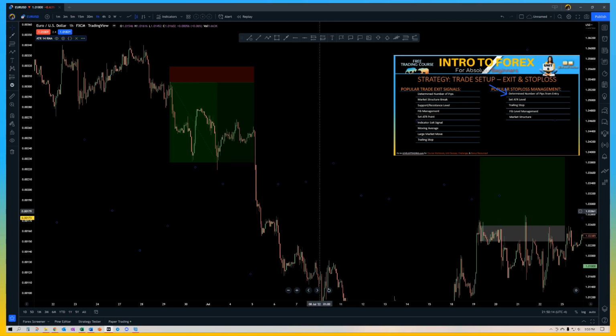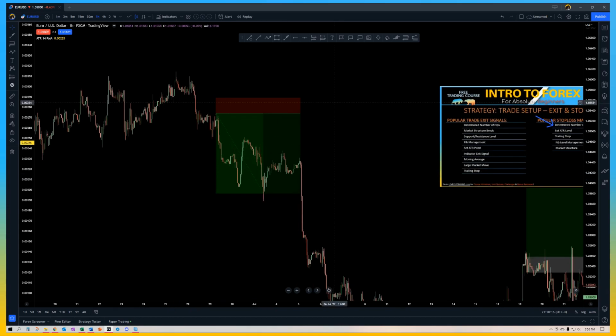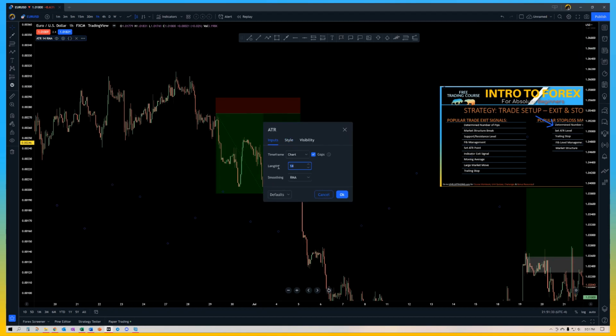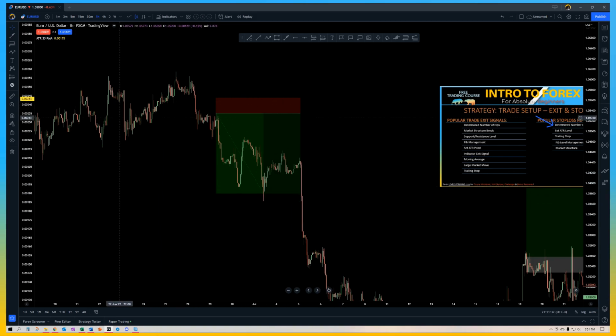It helps me to differentiate the numbers there. So I've got the ATR reading in yellow, and I'm going to change my settings. I've said again that I like mine a little bit higher, so I'm going to run 33 on my ATR.